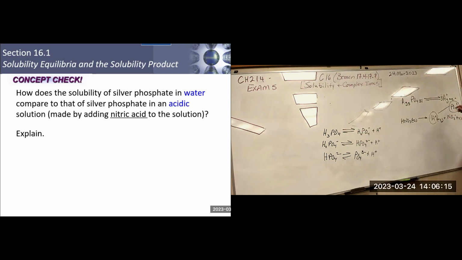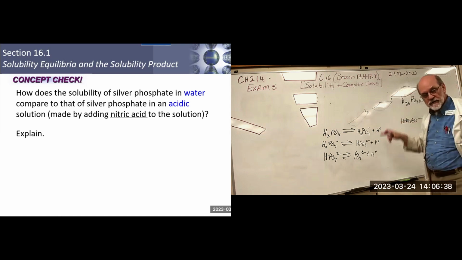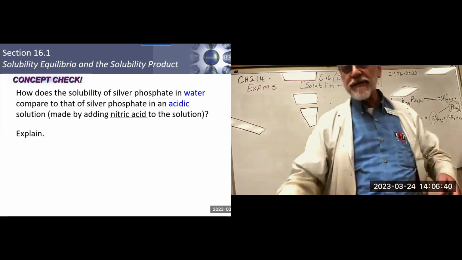So what you're going to do is by adding hydrogens here, depending on how many you add, you're going to consume phosphate quickly and completely. What does that mean? Based on Le Chatelier's principle, you're going to drive this reaction to the right. So you will increase the solubility of silver phosphate by acidifying the solution.